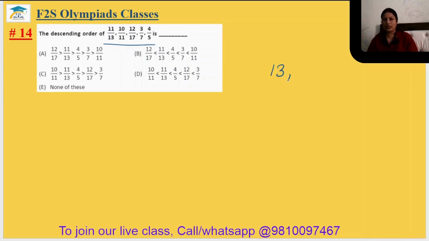The LCM of 13, 11, 17, 7 and 5: you can see all the numbers are co-prime. There is no common factor, so the LCM will be the product of these numbers. 13 multiplied by 11 multiplied by 17 multiplied by 7 multiplied by 5, that is 85,085.